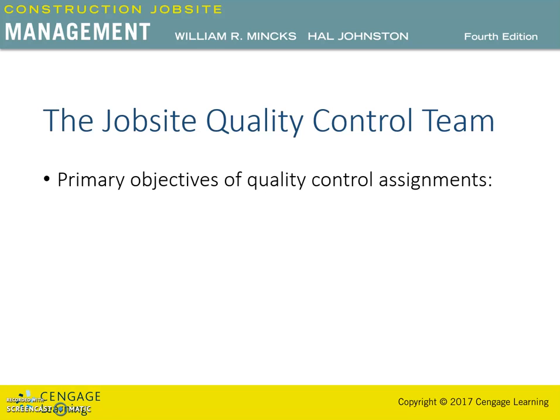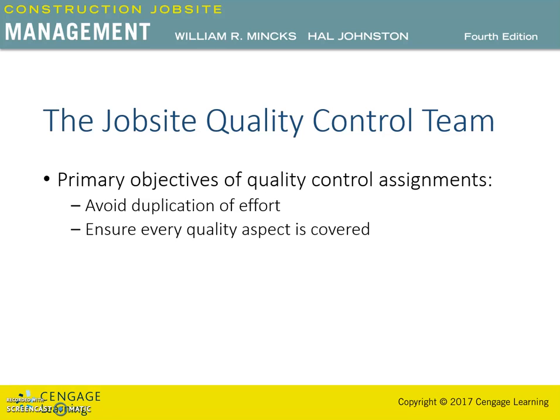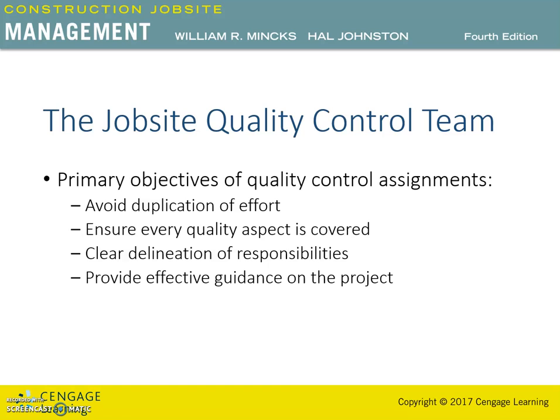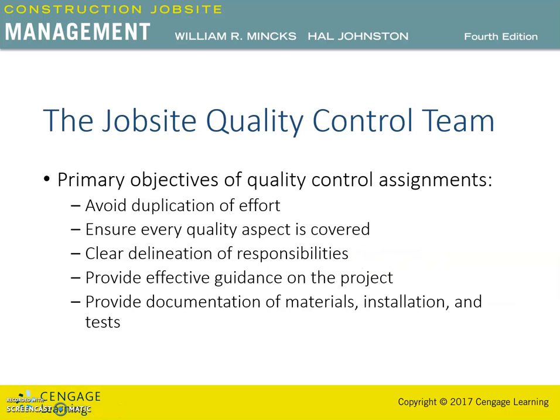So the primary objectives of the quality control assignments are to avoid duplication of effort, to ensure every quality aspect is covered, to provide a clear delineation of responsibilities, to provide effective guidance on the project to achieve quality work, to provide documentation of materials, installation, and tests.